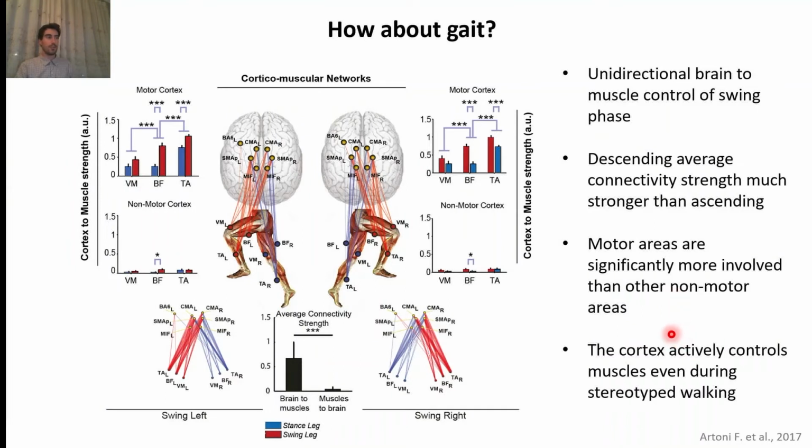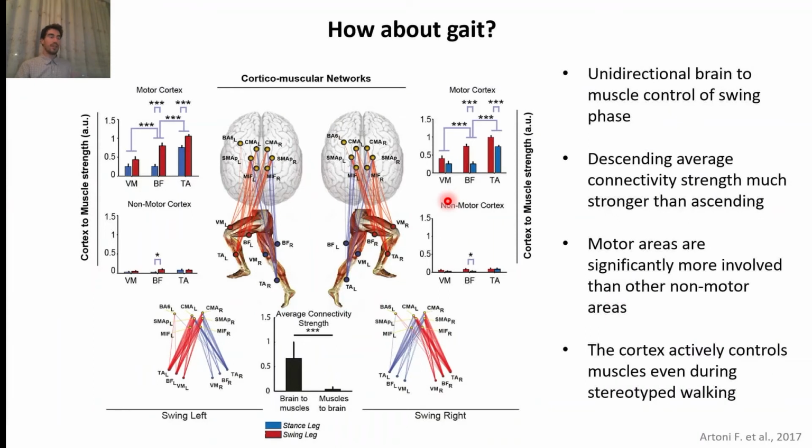And of course, we can say that the cortex actively controls muscles all the time, even during stereotyped walking. And this control is more prominent for the distal muscles, like the tibialis anterior and the biceps femoris, with respect to proximal muscles, like vastus medialis.